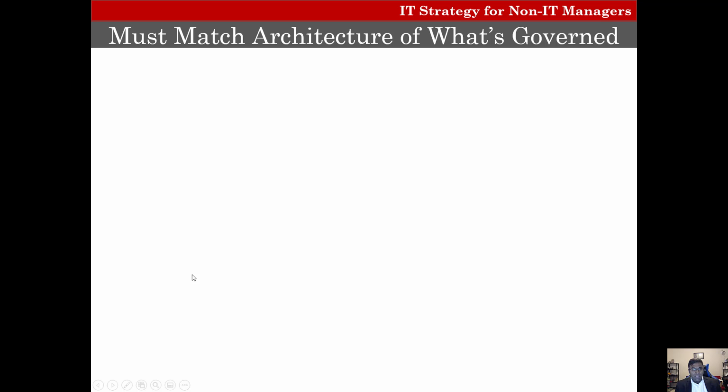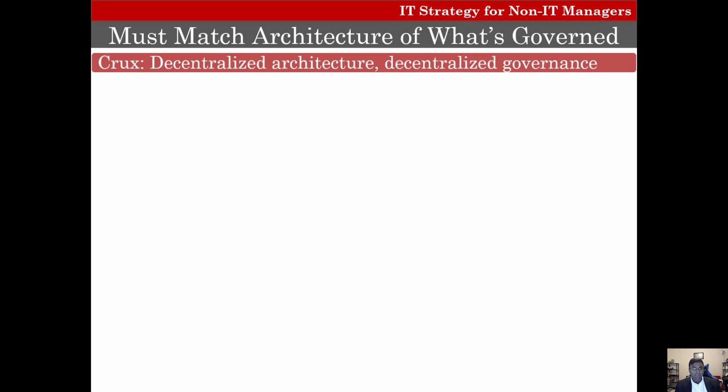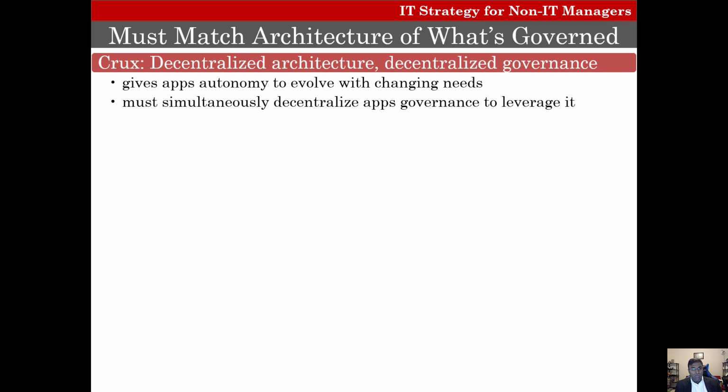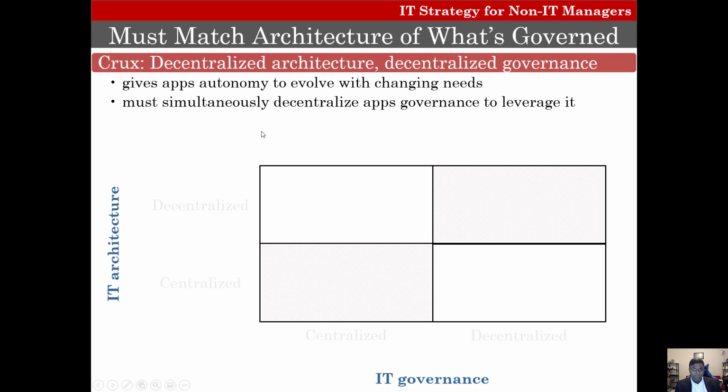So if you match architecture with governance, and if you are looking at a decentralized architecture, decentralized governance gives applications autonomy to evolve with changing needs. And simultaneously, decentralized application governance leverages it. So here is an example.